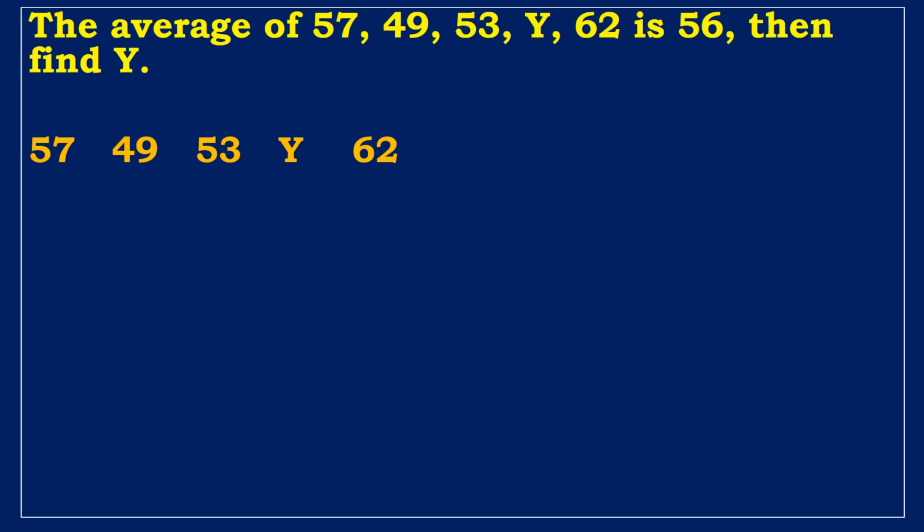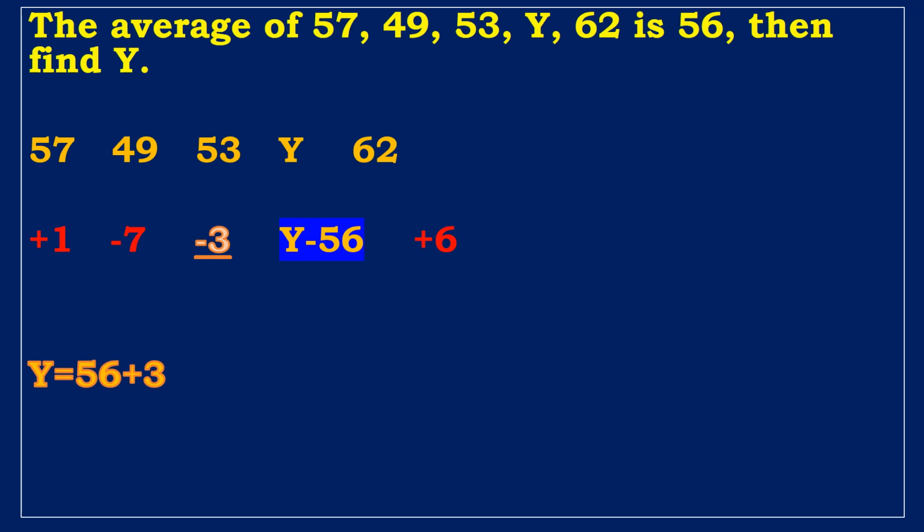For example, for the first value of 57, the deviation would be 57 minus 56 is equal to 1. For the second value of 49, the deviation would be 49 minus 56 equals minus 7. You would repeat this process for all the values given 53, y, 62. The sum of the deviations of a set of values is always 0.